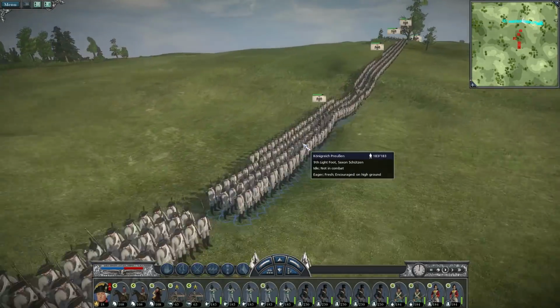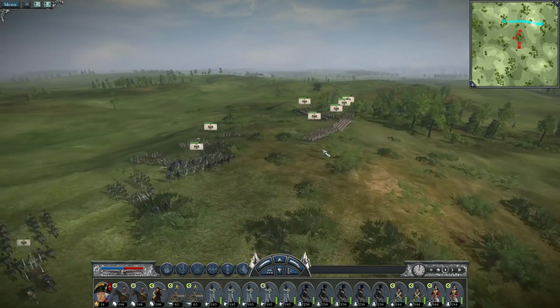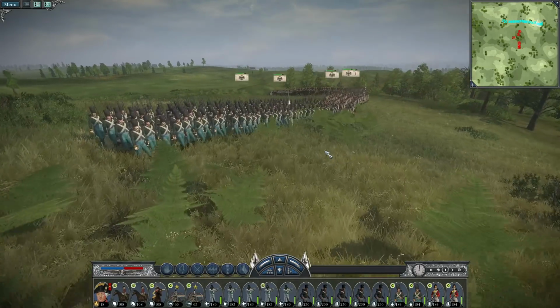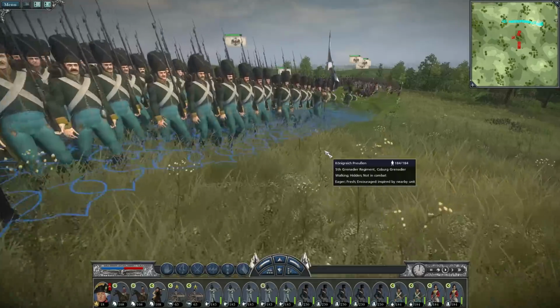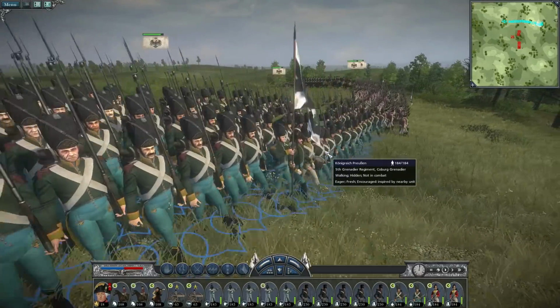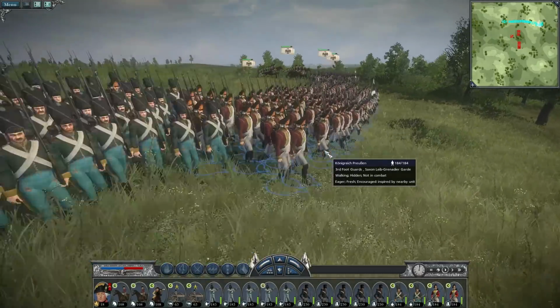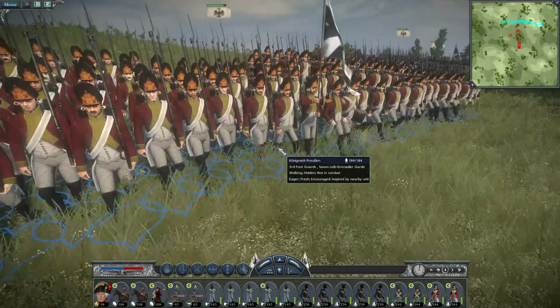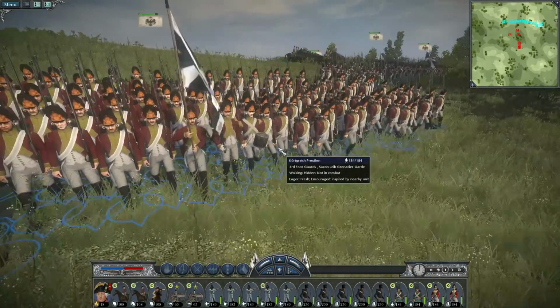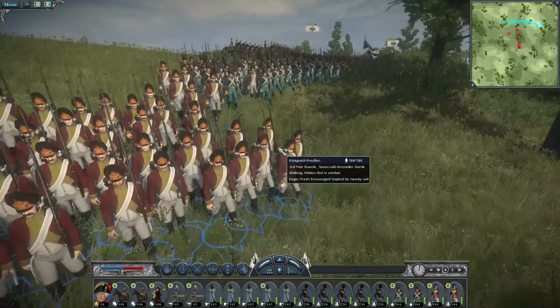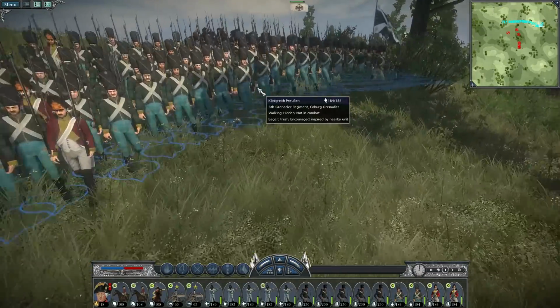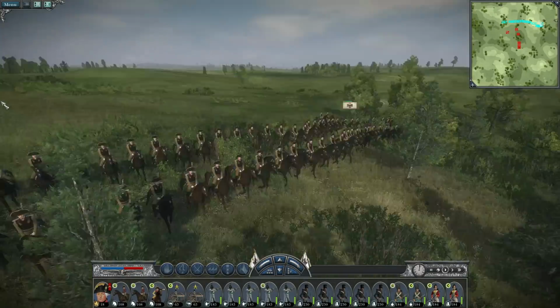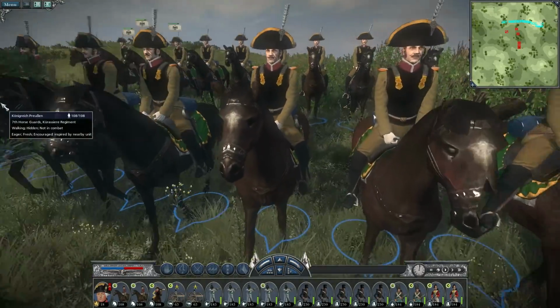God damn it, my point just flew right out the window. It's the same with the Grenadiers. Here we got one unit where it's also just the hats that are different, are they? The uniform is very much the same. And then we've got the cuirassiers over here.